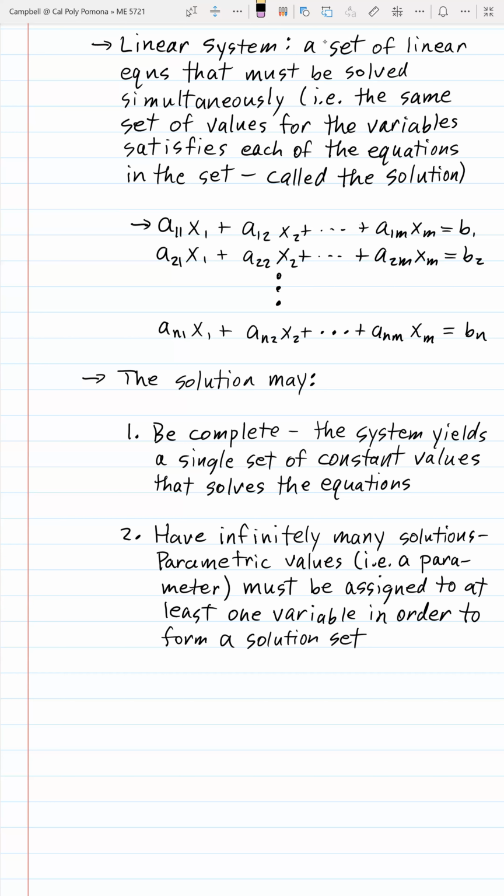In some cases, it may not be. So if we have a particular case, and you'll see how I think about this as we go through this class, if we have equations that effectively capture exactly the same information, then we will have an infinite number of solutions. I'll show you that a little bit later in this lecture.